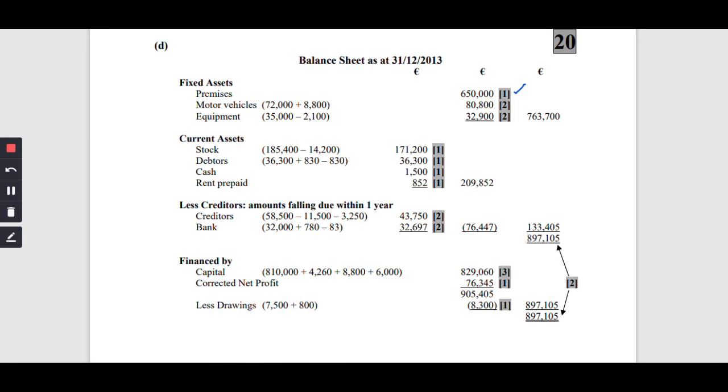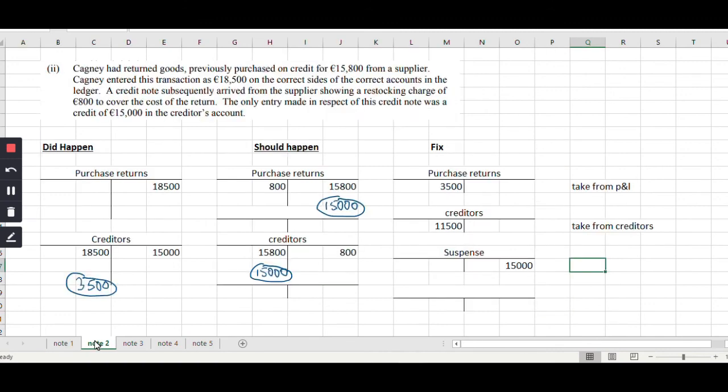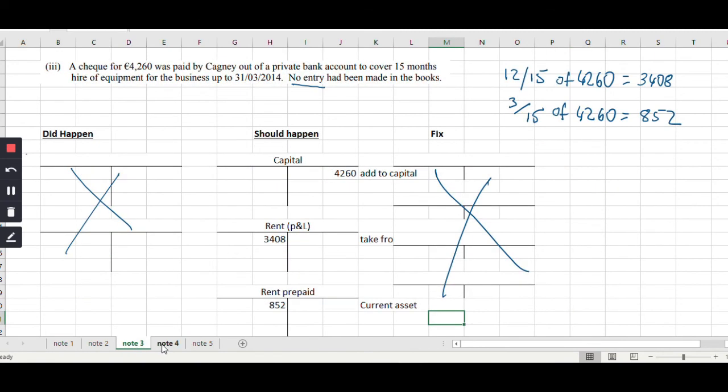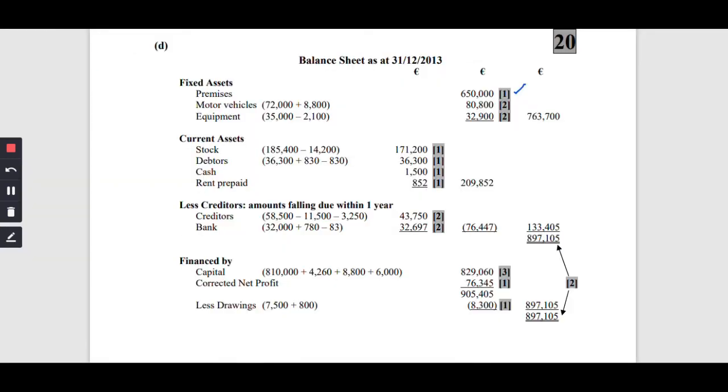So we're going to look at the notes for motor vehicles, they both come from note number 5. So motor vehicles, you add 8,800. Equipment, you take away 2,100. So you're getting 2 marks apiece from that.